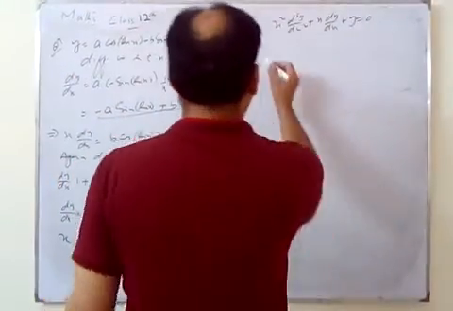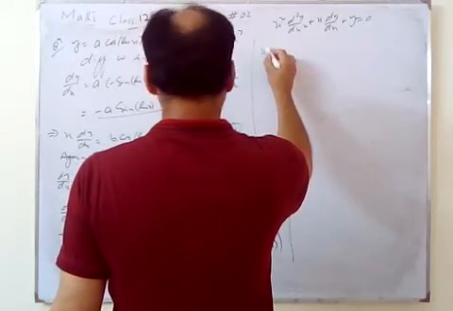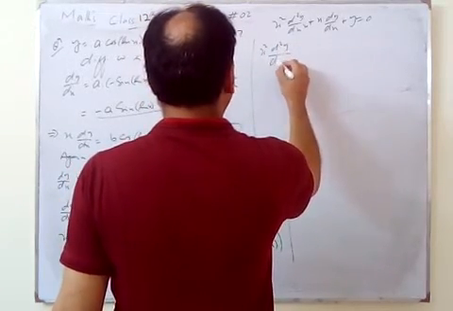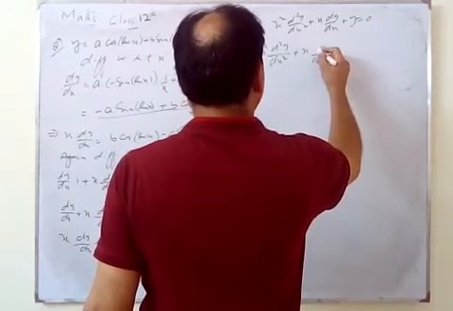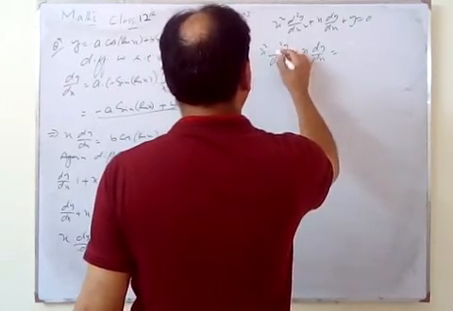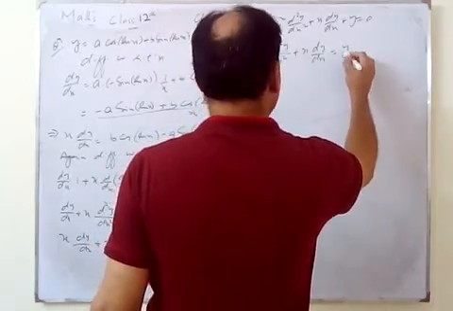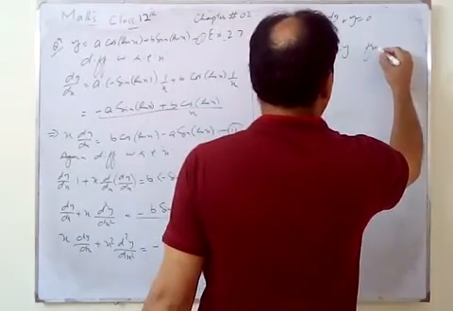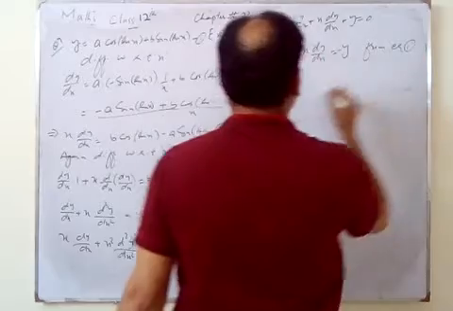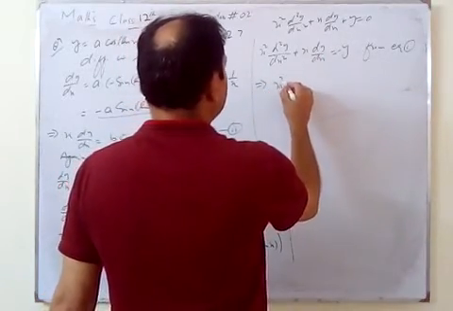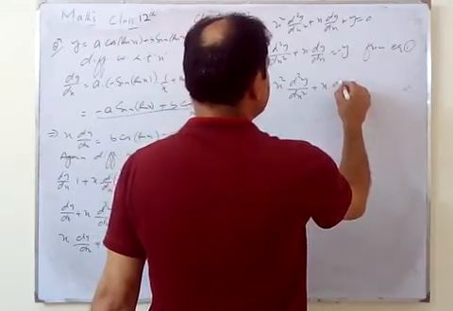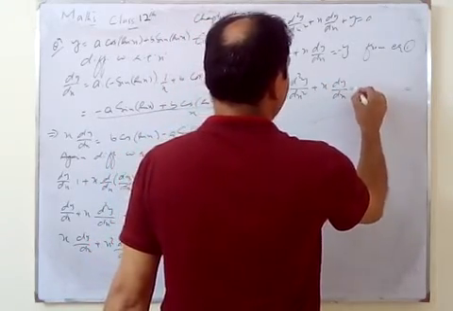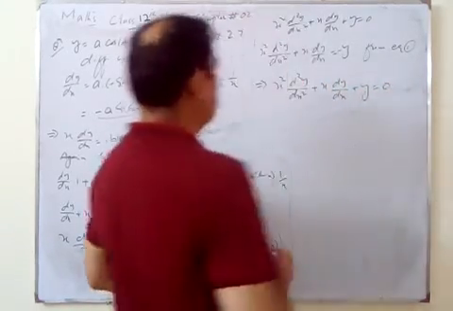So x square d square y by dx square plus x dy by dx is equal to y minus y from equation 1. Or this implies that x square d square y by dx square plus x dy by dx plus y is equal to 0.